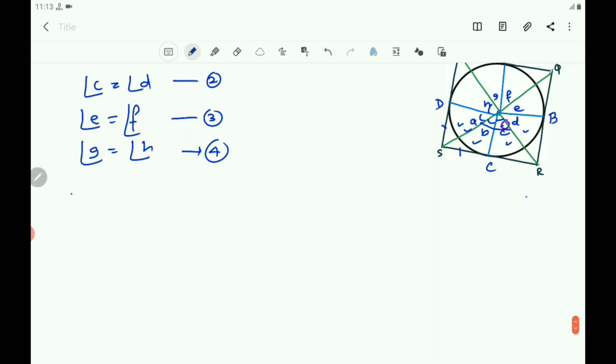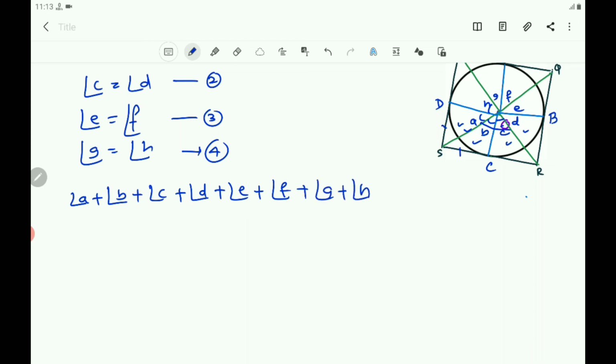Angle A plus angle B plus angle C plus angle D plus angle E plus angle F plus angle G plus angle H. Here 8 angles are there, and you know that the sum of the 8 angles must be equal to 360 degrees.